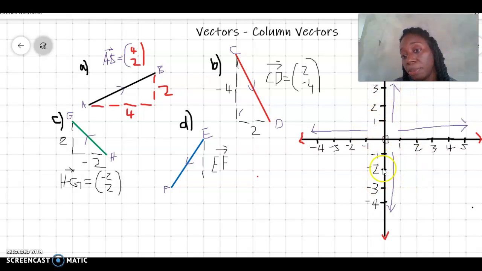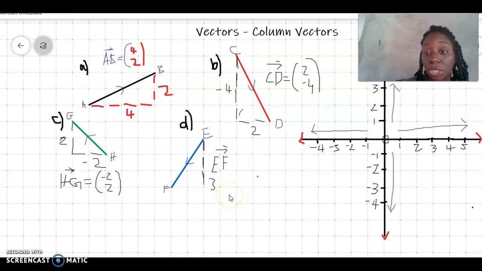By the Cartesian plane, a downward movement is going to be negative. So we would have shifted 1 unit, 2 units, 3 units. So 3 would be the vertical shift, -3.